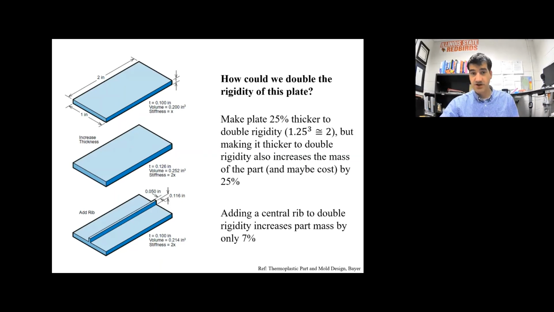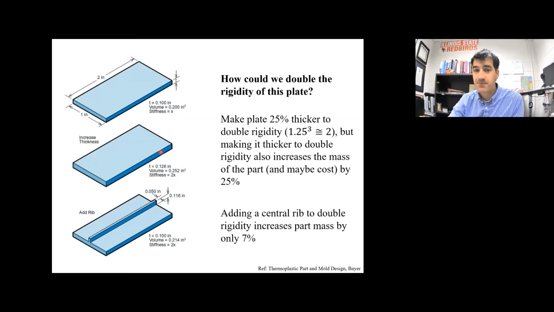So one way of doing this, you could make the part 25% thicker. All right, that is one solution to this problem. You make this specimen 25% thicker, and now it's about 0.125 inches, a little bit of rounding error, but about 0.125 inches.